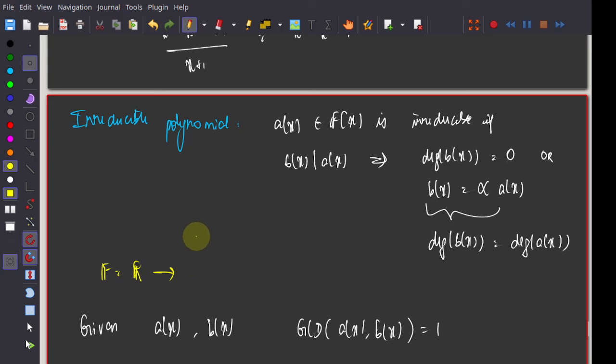What about constants? Are they irreducible polynomials? They are, trivially. Any other irreducible polynomials? Okay, x plus 1. Any scalar multiple of, so x plus alpha. So all degree 1 polynomials irreducible?